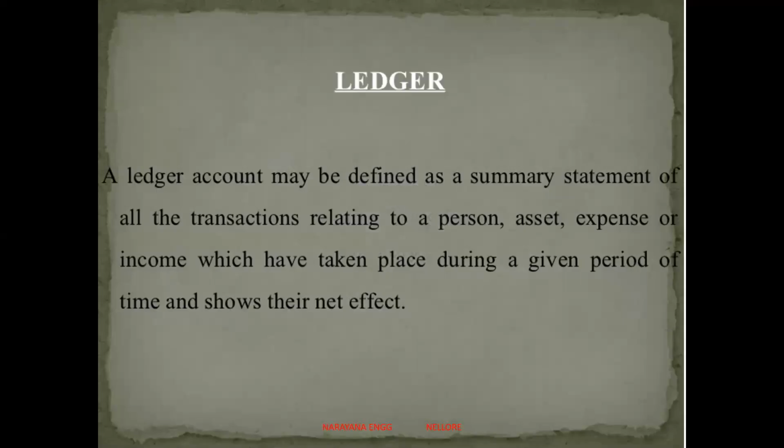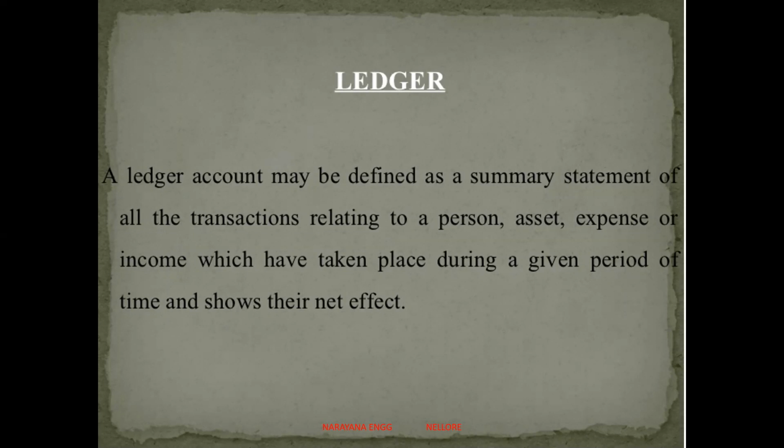And what is meant by a ledger? A ledger can be defined as a summary statement of all the transactions. It is a summary that gives an interpretation, a conclusion of all the transactions we made, related to persons, assets, expenses, incomes, profits or gains of the company, or to any land, buildings, or a bank.